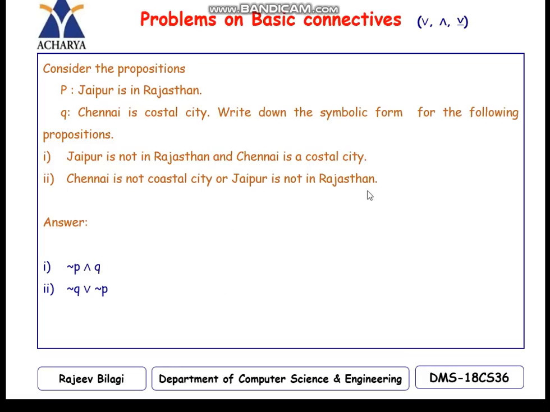Jaipur is not in Rajasthan: Jaipur is in Rajasthan is P, so I will write negation of P. This entire statement I can write as negation of Q or negation of P. This is how you write different statements in symbolic form using some of the basic connectives.